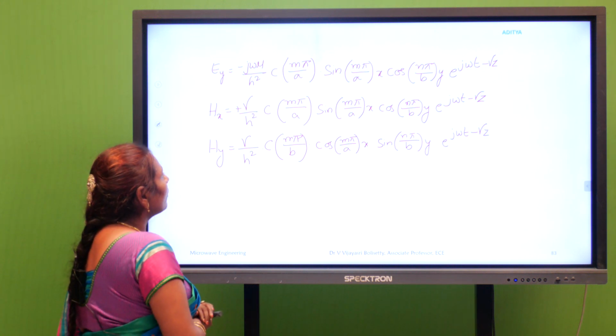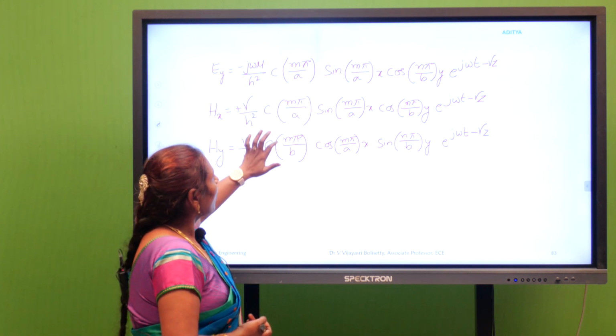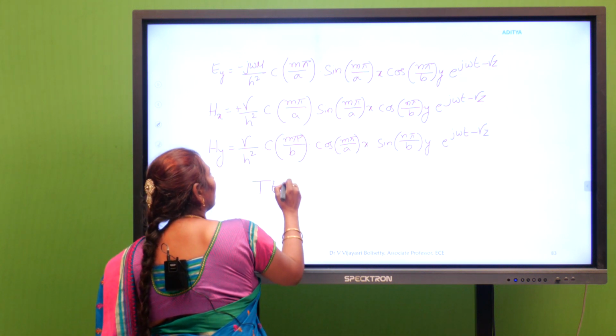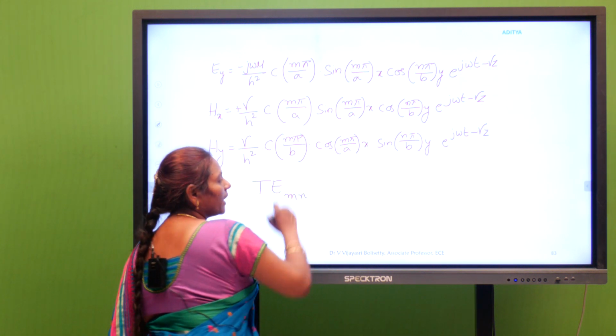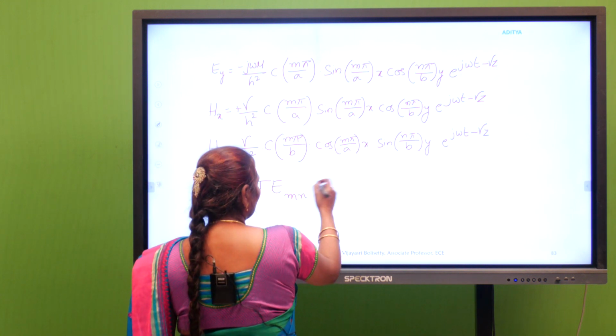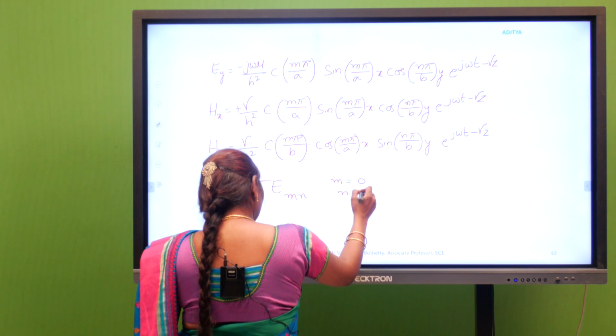In all these equations we can see that it is some multiple of either m or n. So that means for TE modes we have m, n, where m and n are integers, and suppose m is equal to 0 or n is equal to 0.